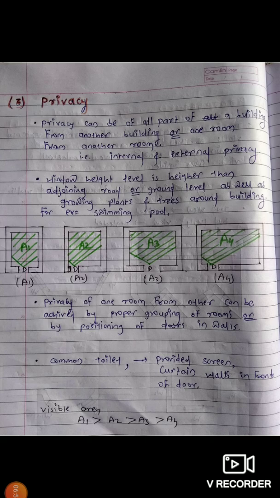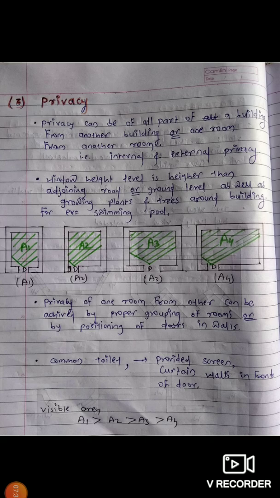There are four diagrams, A1, A2, A3 and A4, showing the visible areas to a person who stands in front of the door. In this internal privacy case, A1 has more area visible. That means this is the bad positioning of the door compared to A3 and A2. The best positioning of the door is to provide a rectangular room and a single paneled door on one side.